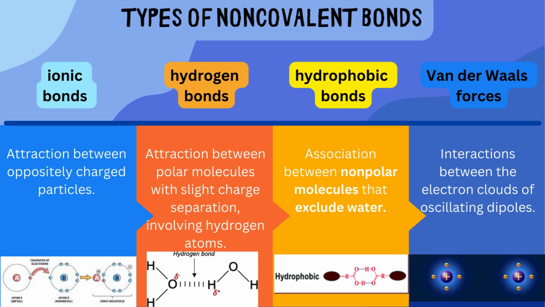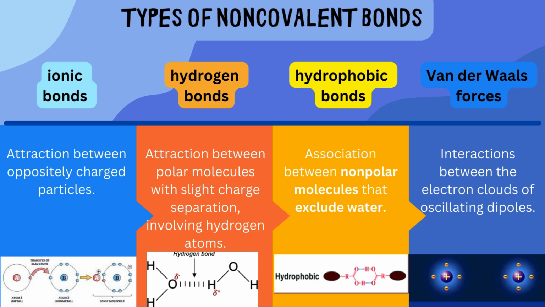Ionic bonds, also known as electrostatic bonds, occur between oppositely charged groups on molecules, such as the positive charge of a basic amino acid and a negative charge of an acidic amino acid, guys. They're relatively strong, but weaken in the presence of water or high salt concentrations.